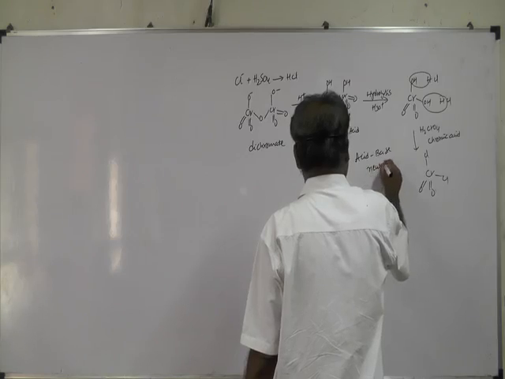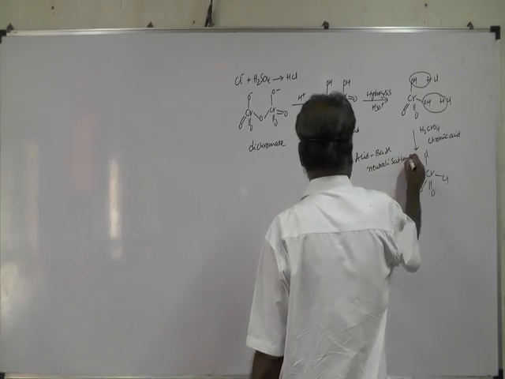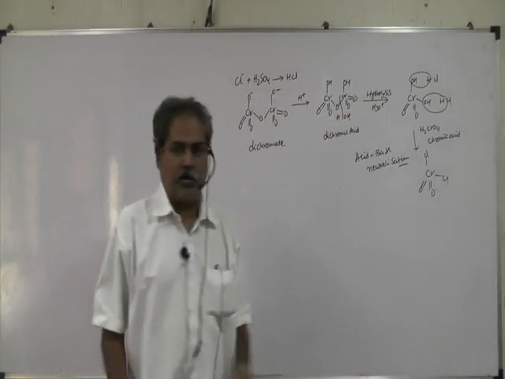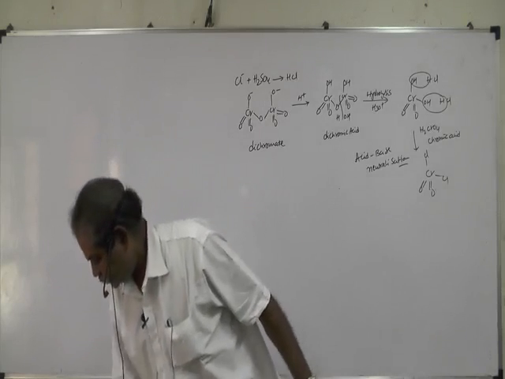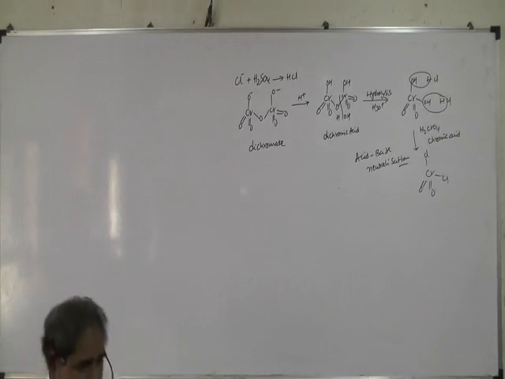So what is the chromyl chloride test? It is eventually acid-base neutralization. It involves acidification, hydrolysis, acid-base neutralization. All steps. Okay.